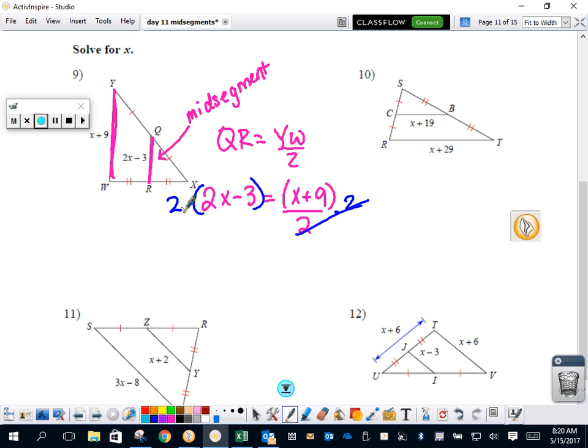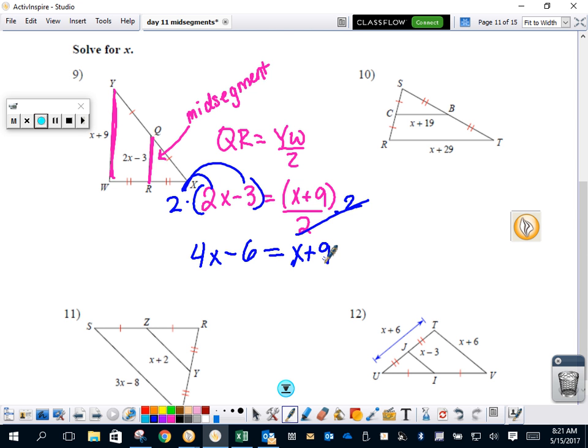What's going to happen here? What am I going to have to do? Distribute. Okay? 2 times 2x, minus 2 times 3. Just minus 6. Equals x plus 9.